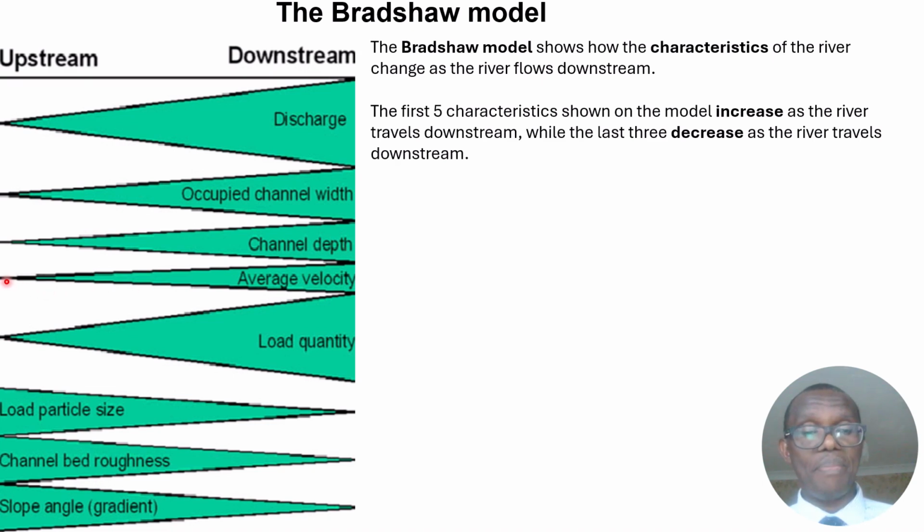Okay. Then the velocity, so this is the speed of the water in the river, that will also increase, and that is because firstly the river will have a lot more water. We said it's collecting water through tributaries and small streams, but then also because it has more energy now that it has more water. It's also causing a lot of erosion to take place.